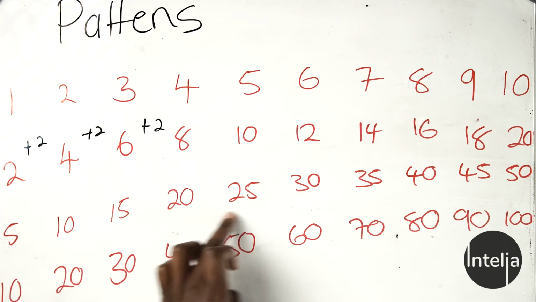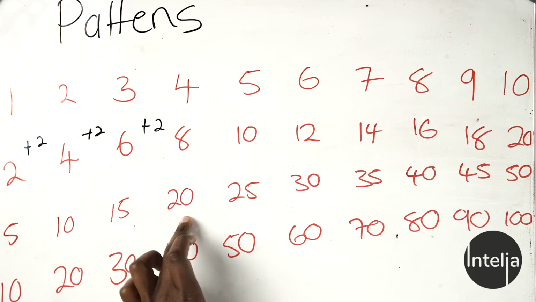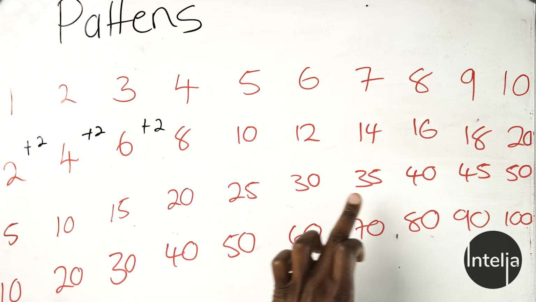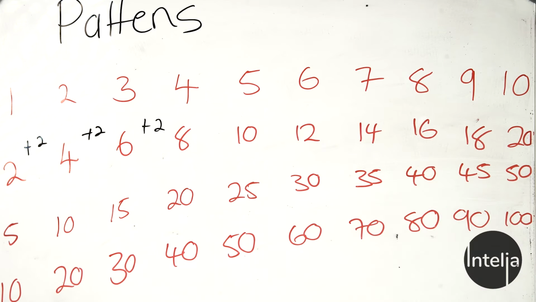It's a pattern like this. And then we come to 10s. Say 10, 20, 30, 40, 50, 60, 70, 80, 90, 100. It's a pattern like that. So this is how a pattern of numbers goes.